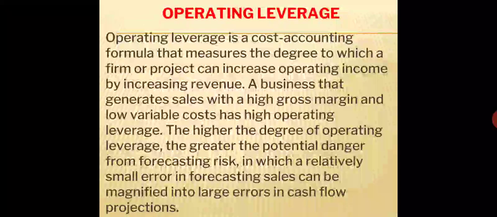The change in operating profit: suppose when the company produces 1000 units, at that time the profit of the company, and when the company raises its production capacity and now produces 3000 units, at that time the profit of the company. So here we are going to compare both profits, so that is the situation of operating leverage. So let's see the meaning of operating leverage.